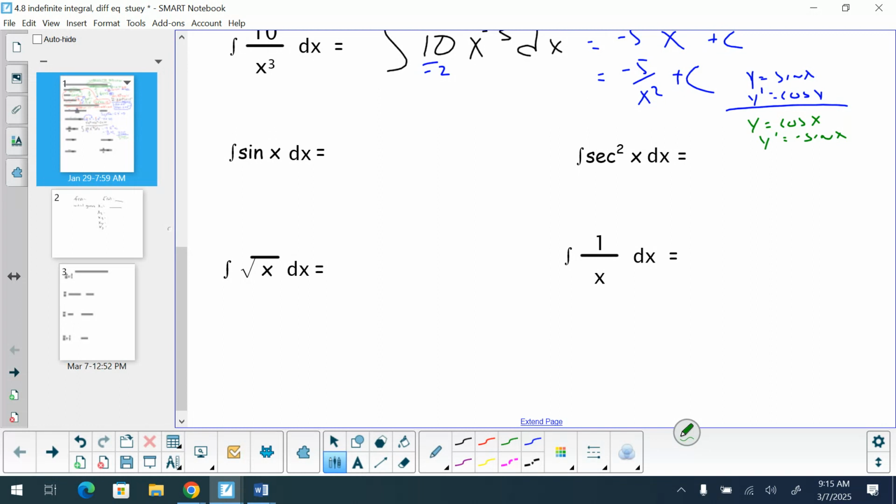The derivative of cosine was negative sine. So what do you think the antiderivative would be of just the sine of x? Negative cosine, that's correct, very good. Plus c.